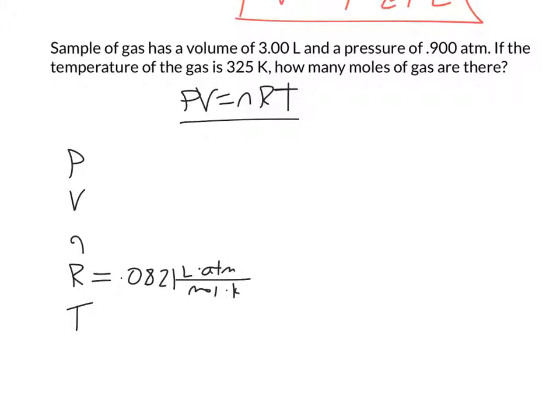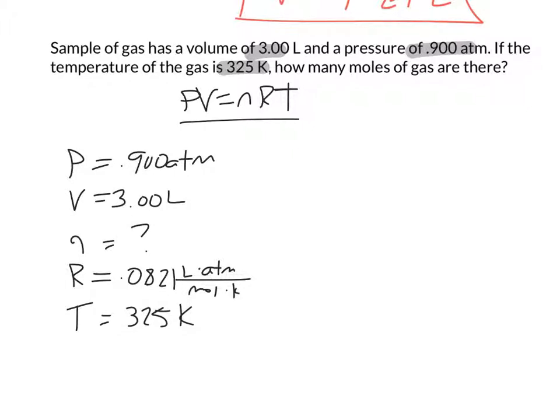Then I go in and look for my other variables that I have available to me. 3 liters, so that's a volume. I've got 0.9 atmospheres of gas this time. And I've got 325 Kelvin. So the only variable I'm missing is moles. Furthermore, it says how many moles of gas are there.